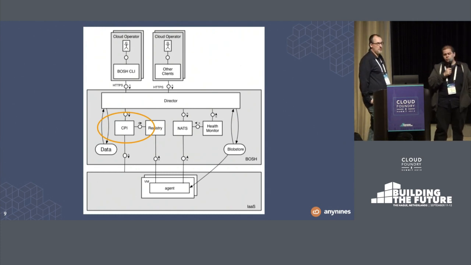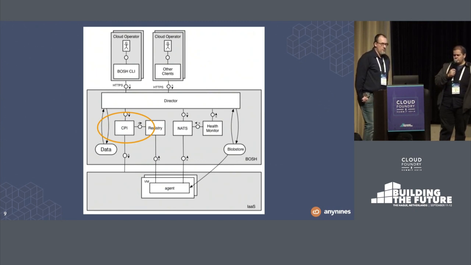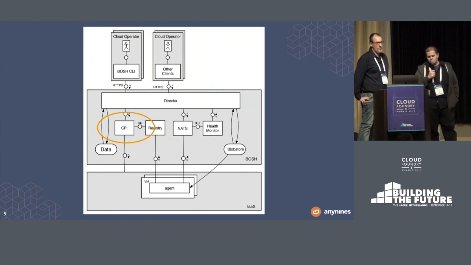The human being issues a few commands, and these commands are then directed towards the BOSH Director. The BOSH Director forwards some of these commands to the CPI. And the CPI then translates these commands into infrastructure-specific commands.